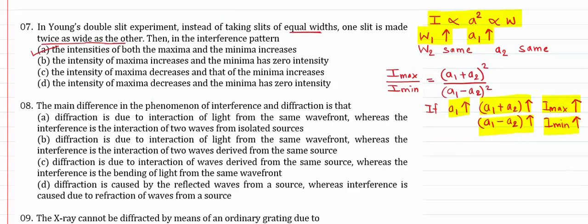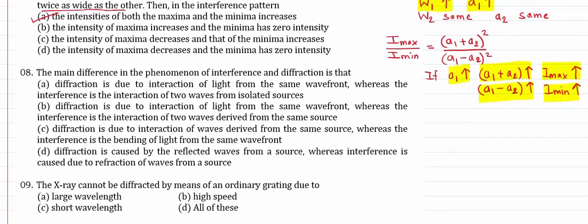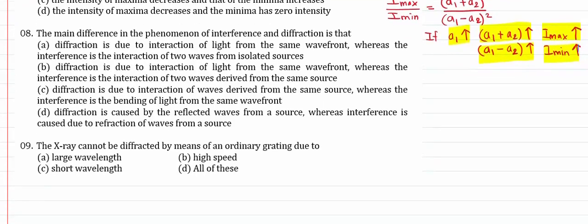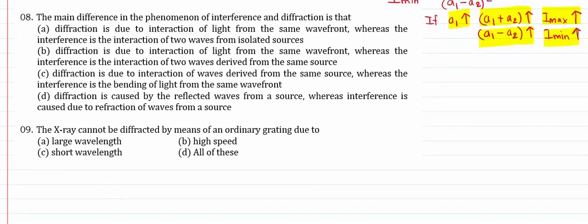The main difference in the phenomena of interference and diffraction is that: look at the options. Diffraction is due to interaction of light from the same source, whereas interference is interaction of two waves from different sources, or from an isolated source.